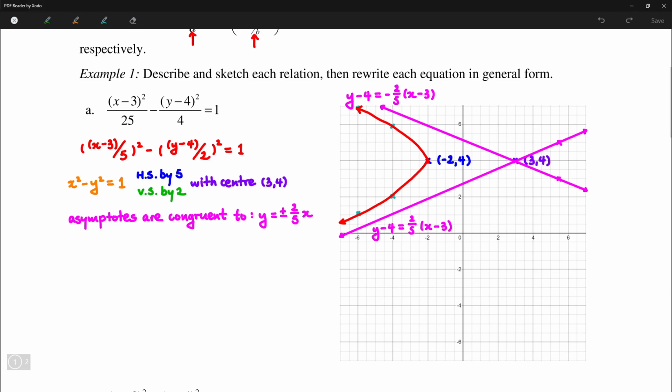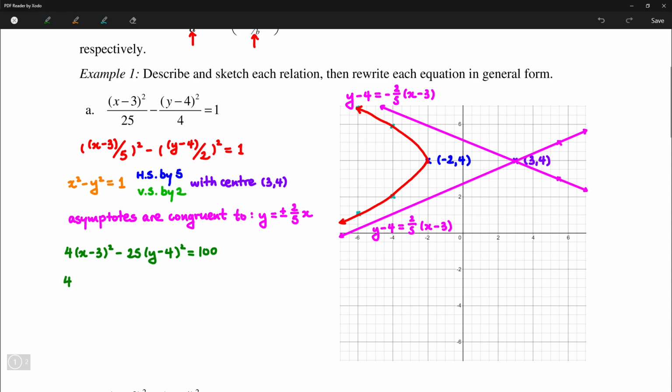So the first term then becomes 4 times x minus 3 squared. The second term becomes 25 times y minus 4 squared. And the right-hand side will be now 100. Again, each term is multiplied by 100.